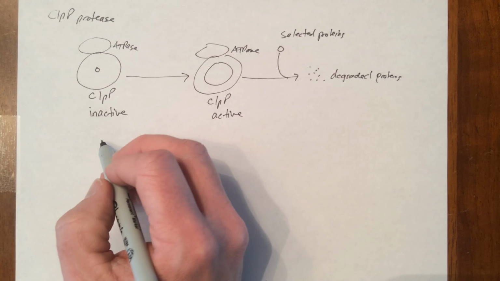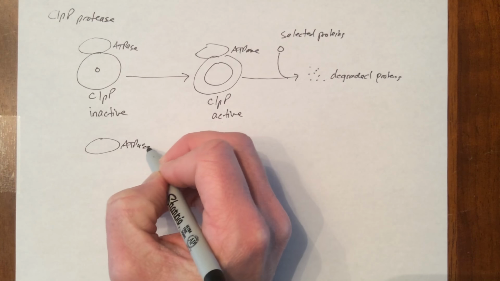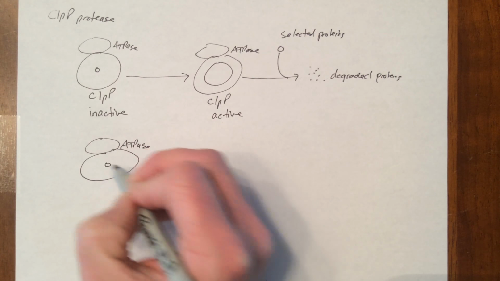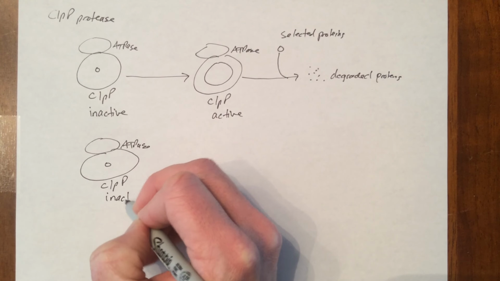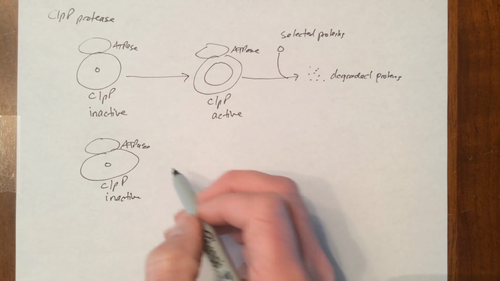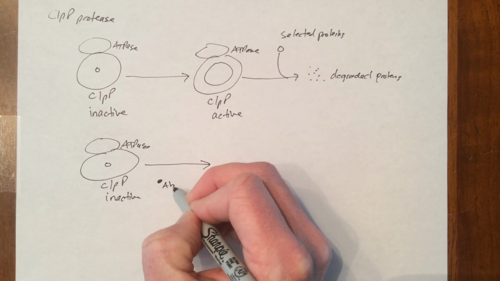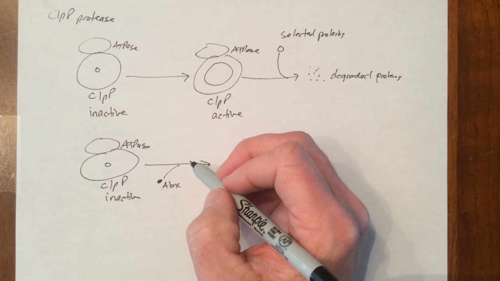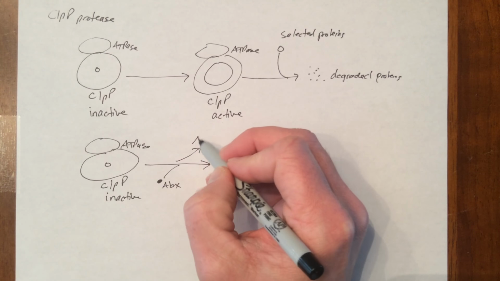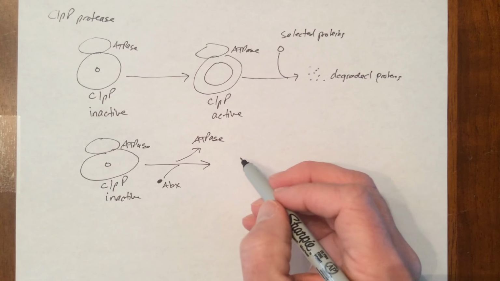So if we design a stimulator of this, let me draw this again. Normally it's inactive, but now we make an antibiotic, which I'm just going to call ABX, perhaps kicking out the ATPase so that it can't keep this enzyme inactive.